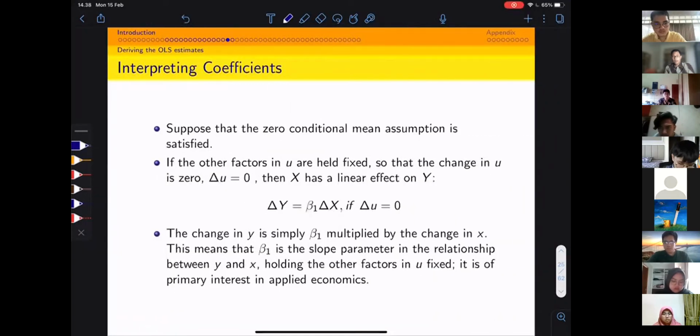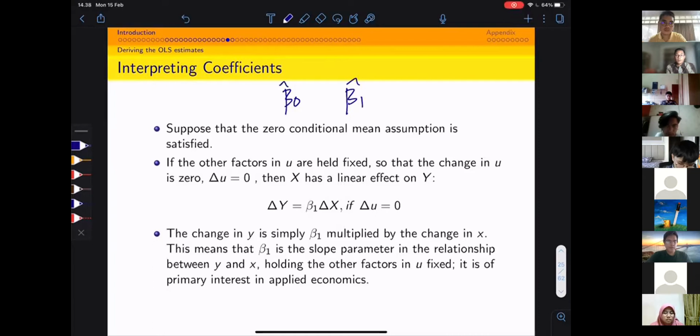At the end of the day, we don't really care that much about beta 0, but we definitely care about beta 1 hat. So we want to learn how to interpret the coefficient. Now suppose that the zero conditional mean assumption is satisfied.